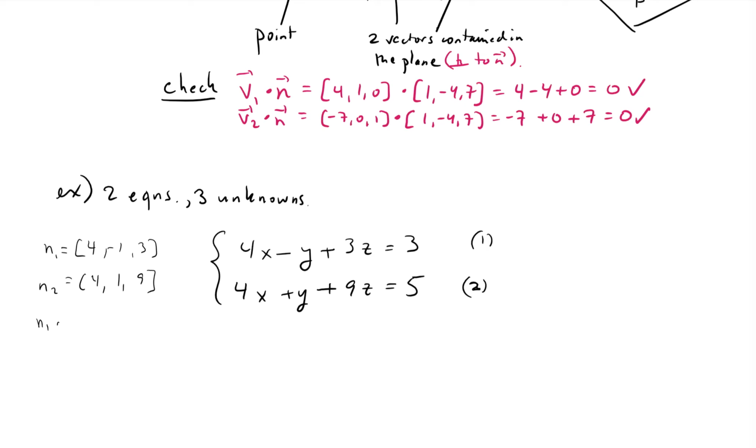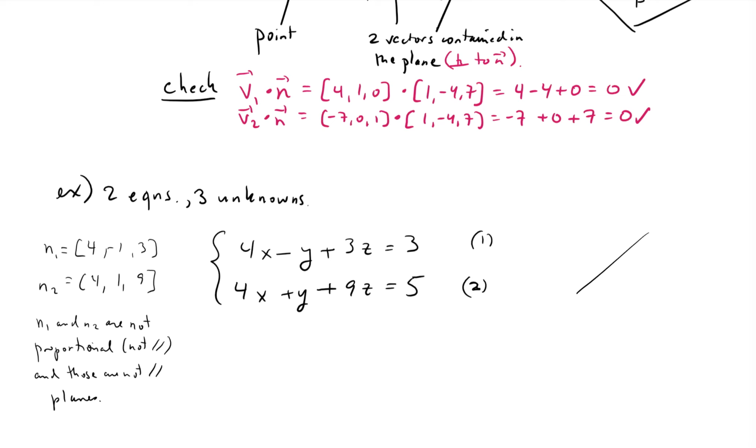So n1 and n2 are not proportional. So they're not parallel. Those are not parallel planes. This is something we can just see from the equations.